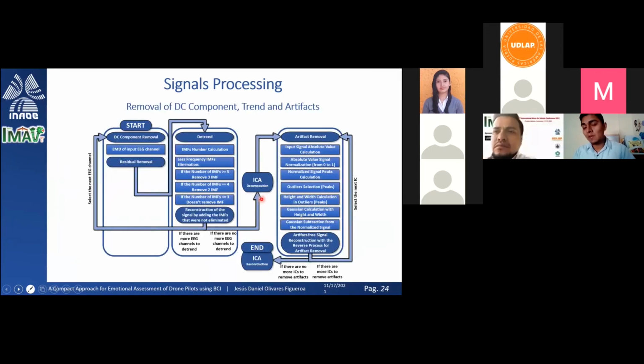Within this stage, we first apply the EMD to remove the residual and use the IMFs with the lowest frequency to detrend the signal. These steps are repeated for each channel, and subsequently we apply the independent component analysis. These independent components are used for the artifact removal.